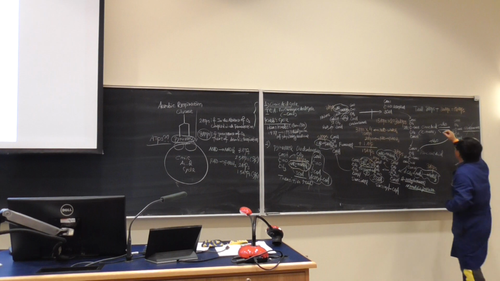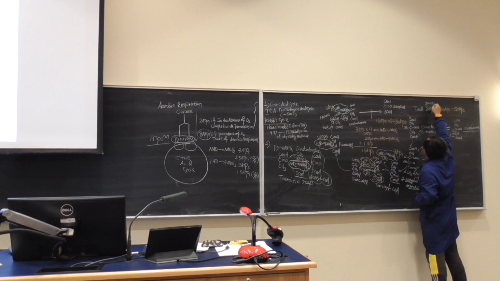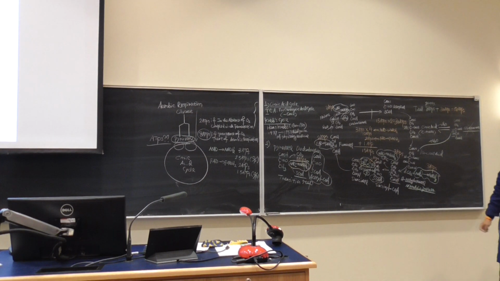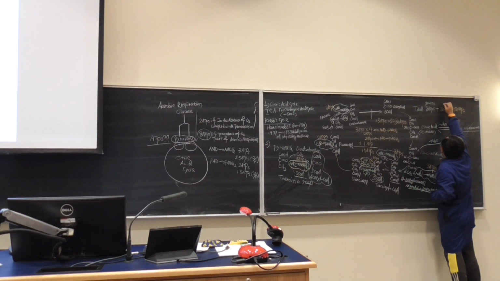Now this 8 ATPs is coming from glycolysis. Of course this is glycolysis in the presence of oxygen, so it involves the electron transport chain. And these 30 ATPs come out of the TCA cycle.